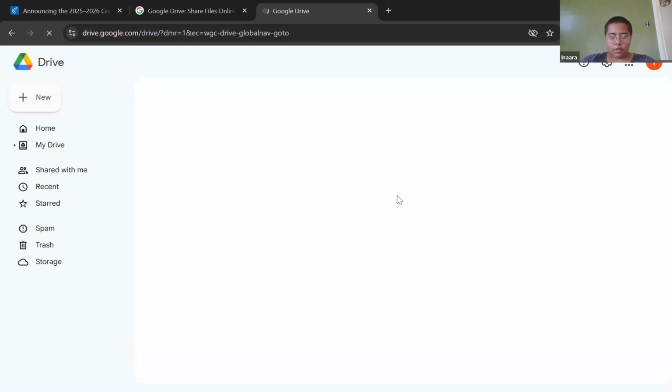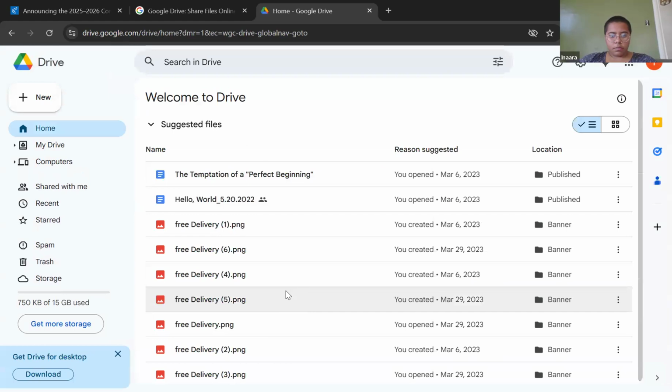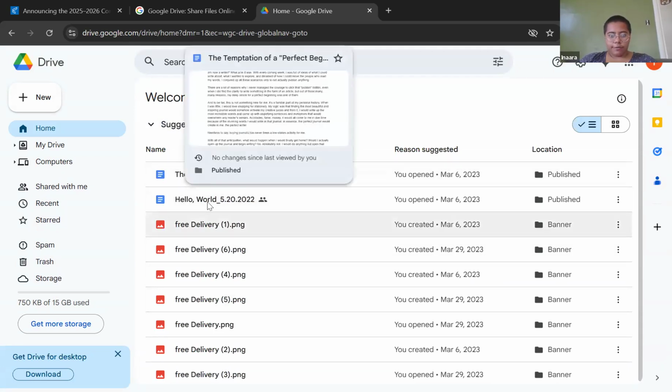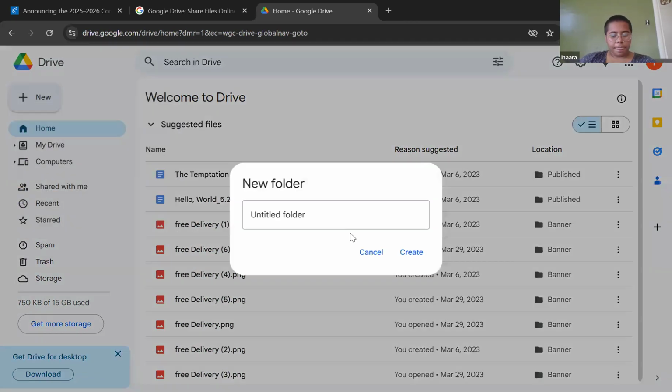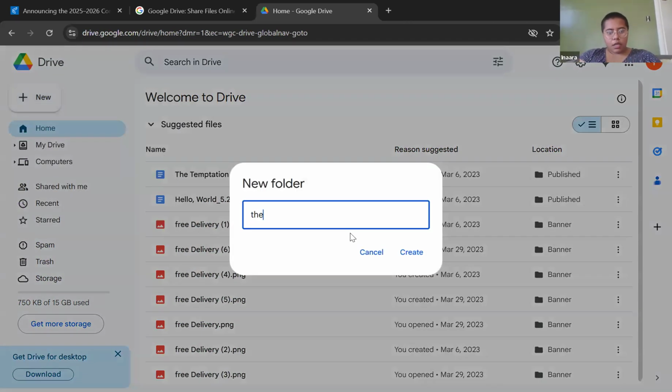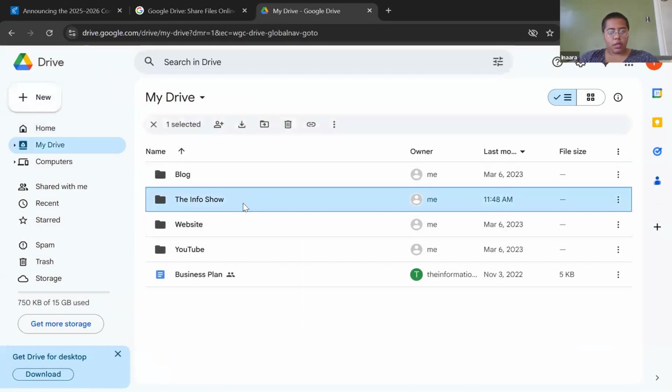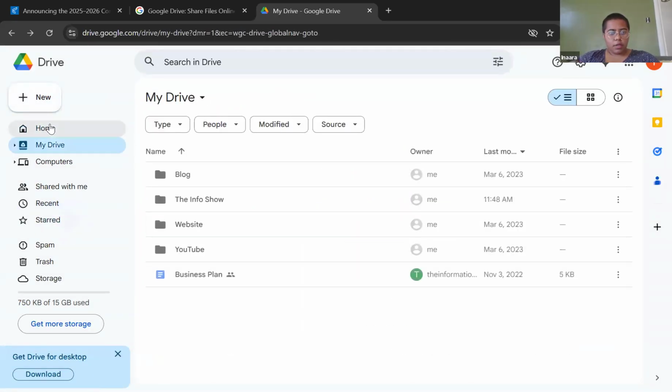Next. Oh, well, these are fascinating. These are the things I guess I'm working on. The info show. What is this? Business plan.